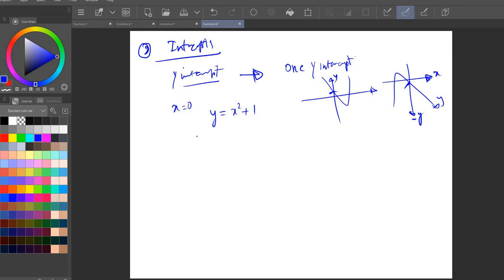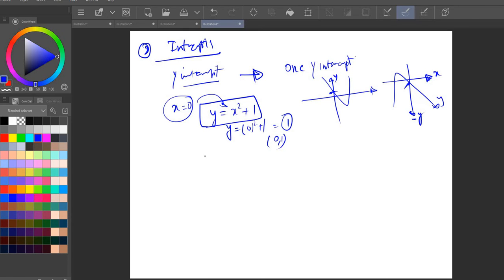That means it will be a happy face parabola. And if I ask you what is the y-intercept, plug in x equals 0 here. So you have y equals 0 squared plus 1, which makes it 1. So that means (0, 1) is the y-intercept of the parabola that you're dealing with.